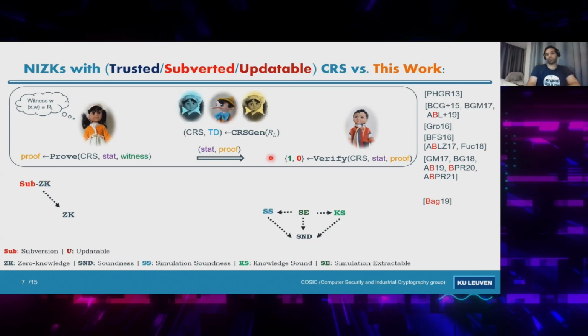So one natural approach was just using MPC to reduce this trust. Basically, instead of trusting one party entirely, the verifier trusts one of the participants in the protocol, but still the prover doesn't need to trust.